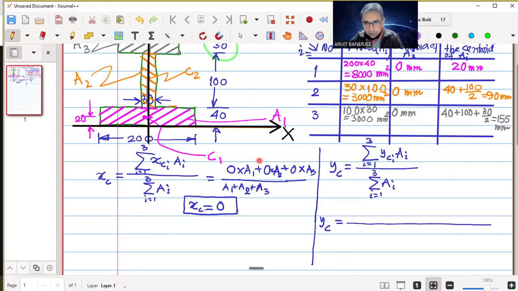So it will be now yc1 a1 plus yc2 a2 plus yc3 a3. I have just broken down the numerator.